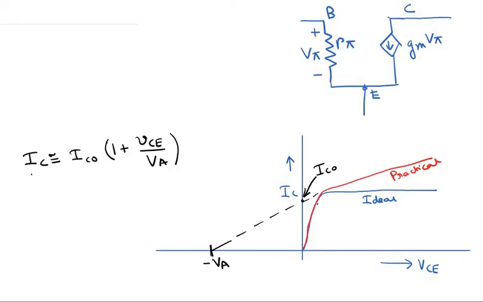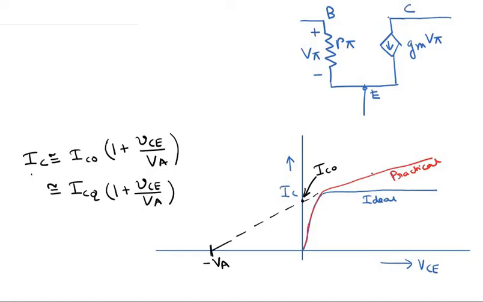Now, assuming that the collector current increases at a very slow rate with the collector to emitter voltage, IC0 can approximately be taken to be ICQ, or the Q point collector current. So this is approximately equal to ICQ (1 plus VCE divided by VA).